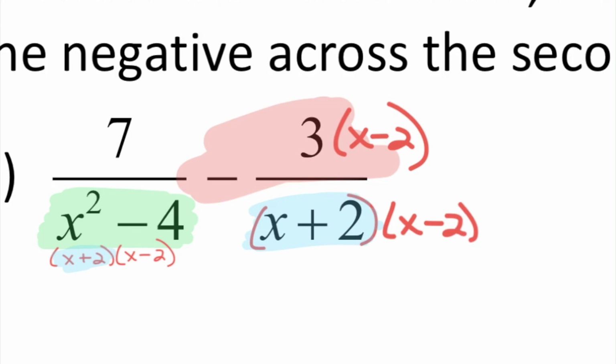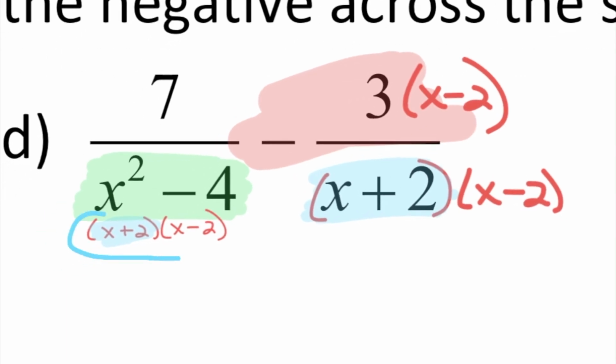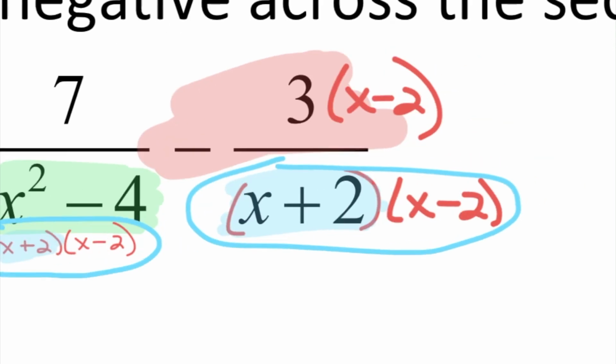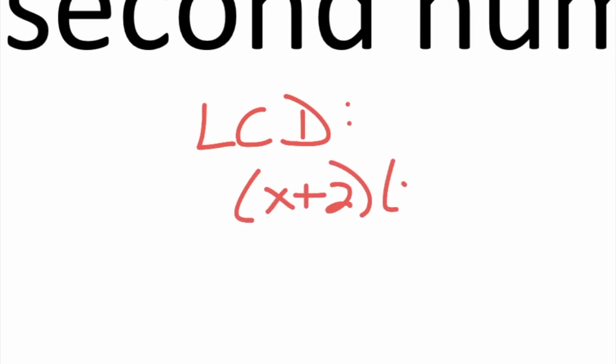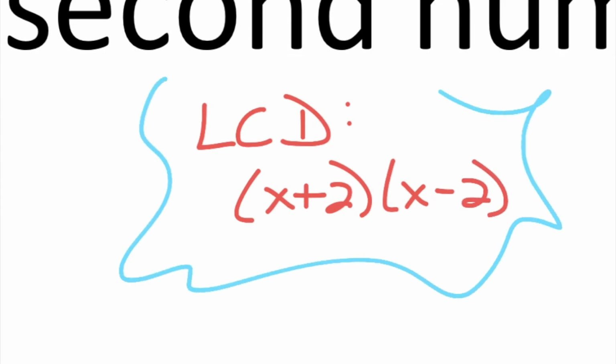And now both denominators are this x plus 2, x minus 2. And so that's going to be your LCD. I'll zoom back out in a minute, but your least common denominator is that x plus 2 times x minus 2 that we just made both of the denominators look like.